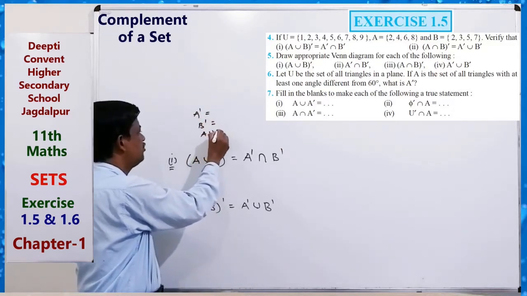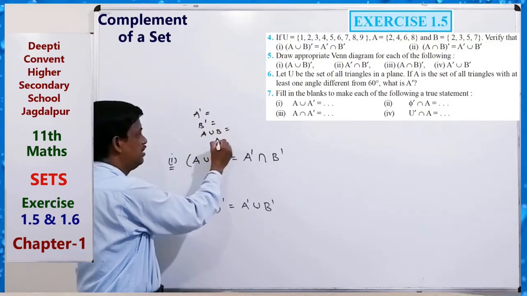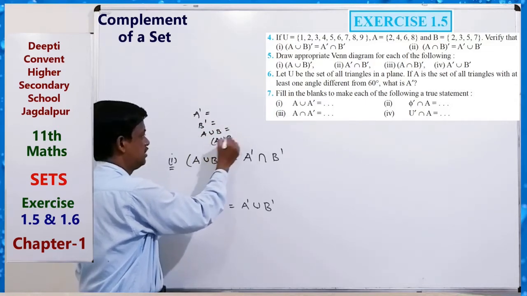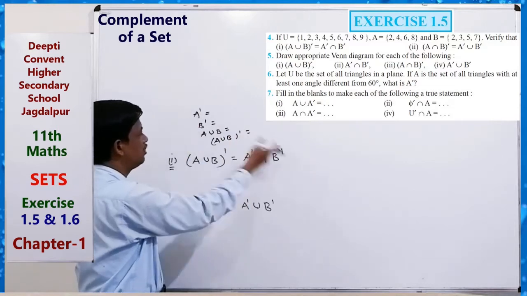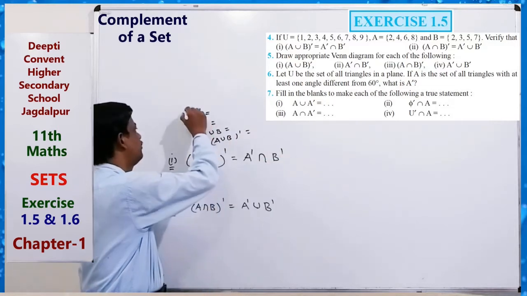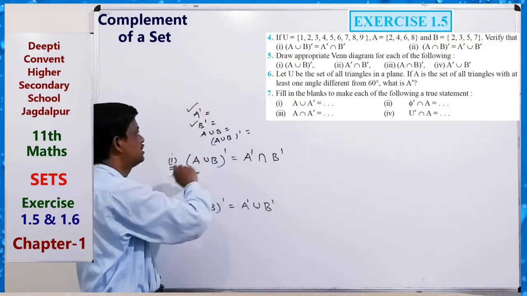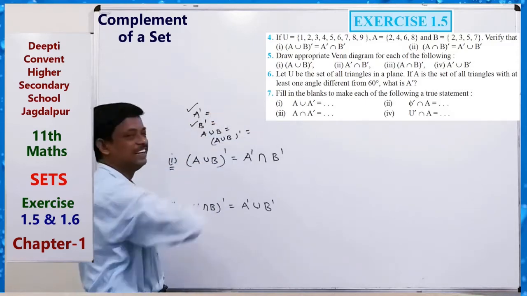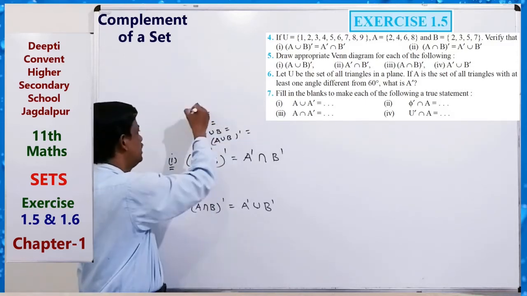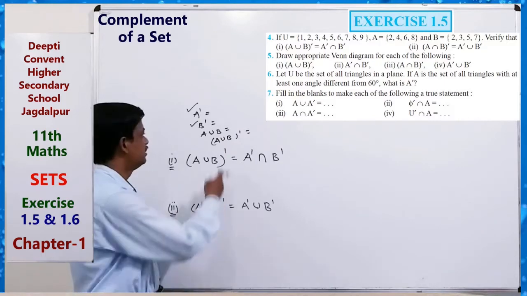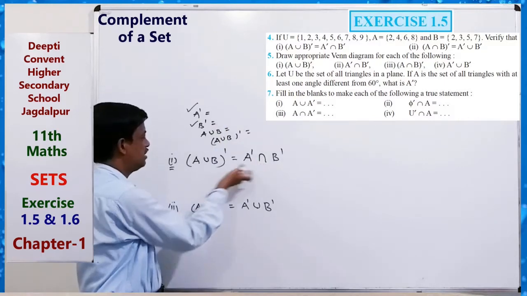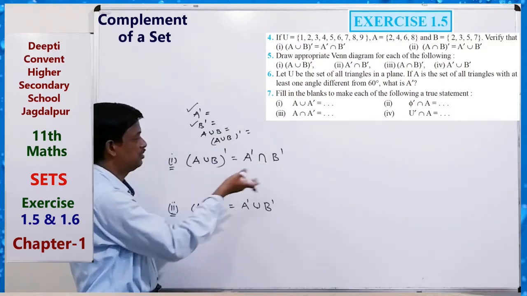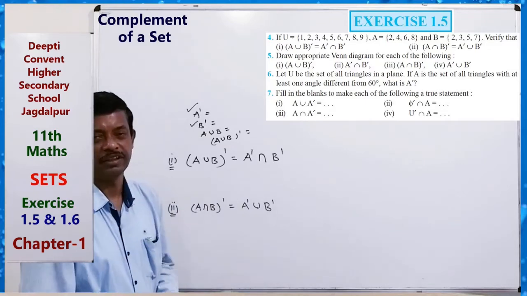Also we can find A union B, then (A union B) dash, and find all the values. First find A dash, then find B dash, and then take intersection of these two, A dash intersection B dash, right hand side and left hand side. If both are same, then verified.